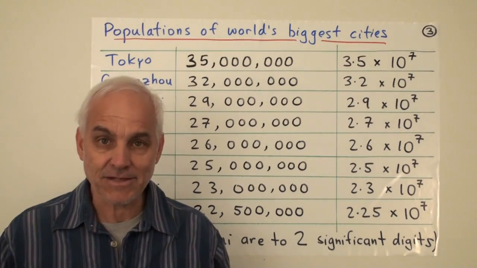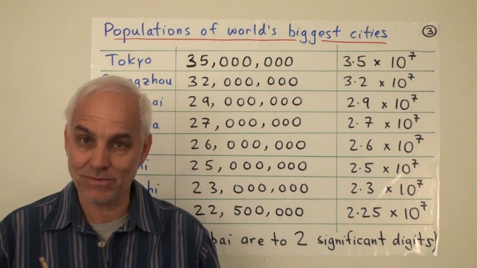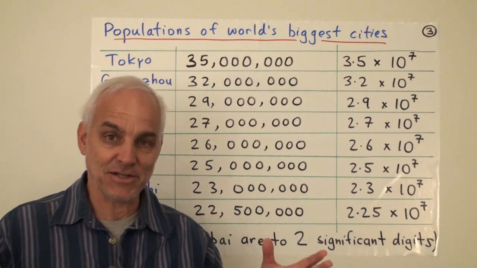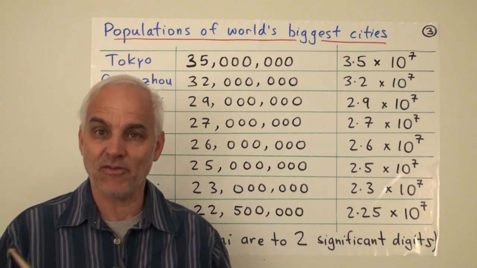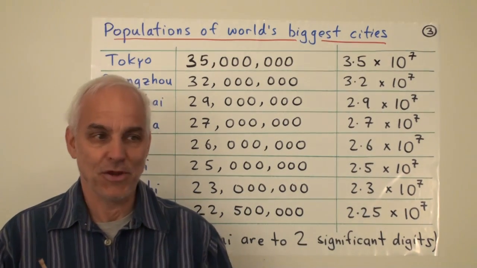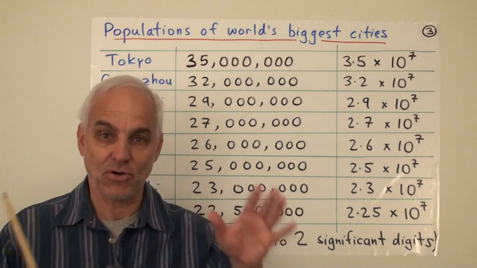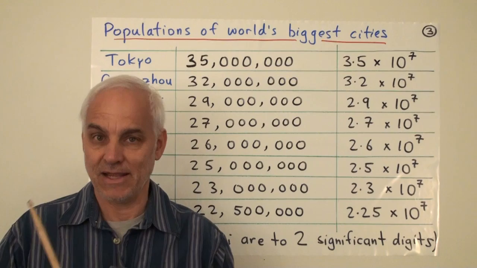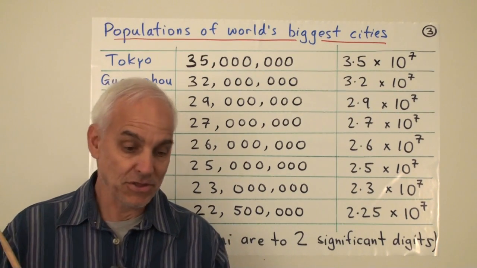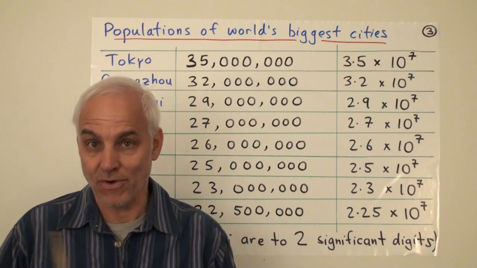Now that's not exact because the last census was actually a few years ago. And even in a census, there's lots of possibilities for errors because people are coming and going all the time. You're not always going to be able to correctly register all the people that are in a city at a given time. And also there's a bit of ambiguity as to where the boundaries should actually be drawn, of course.